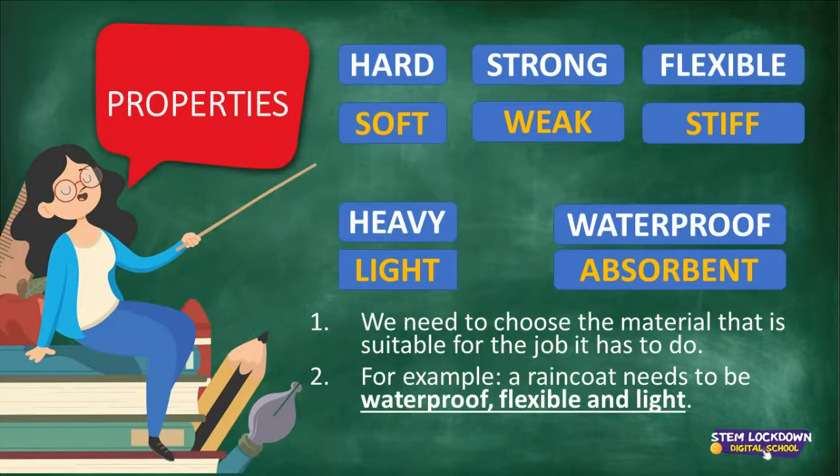It doesn't mean that if something is the opposite of the other thing, it is totally not good. This will depend on what you want to do. Like I've said, a soft material can be important for clothing, but a hard material is important to build houses.